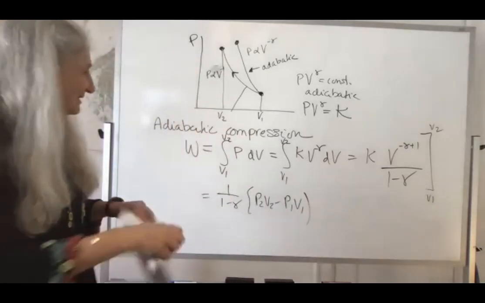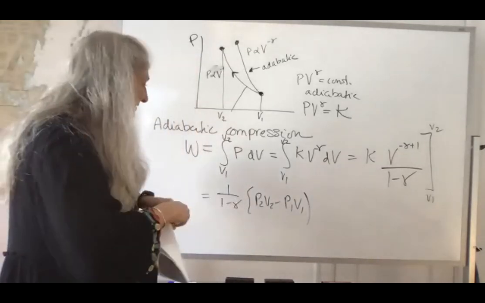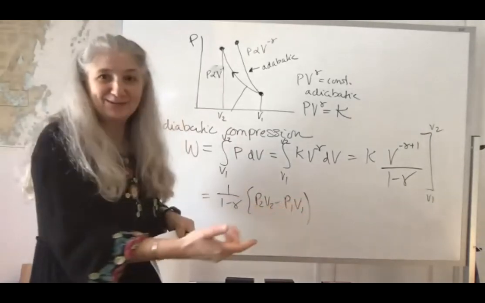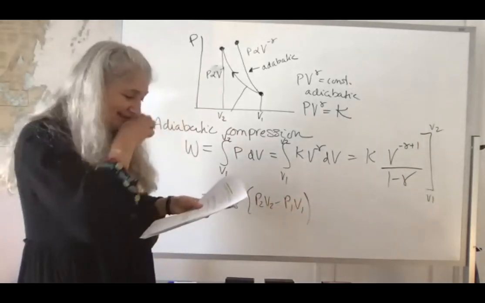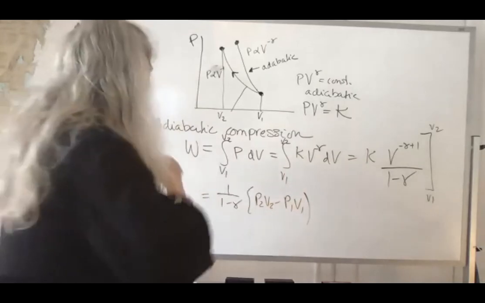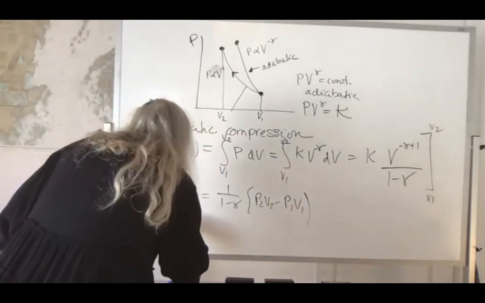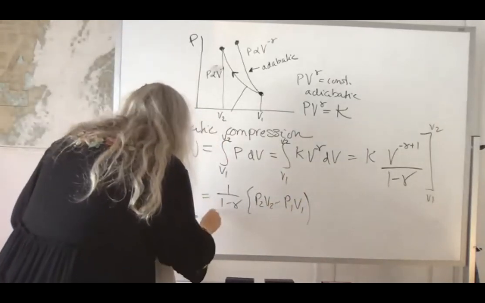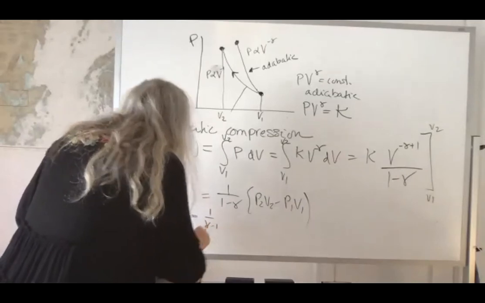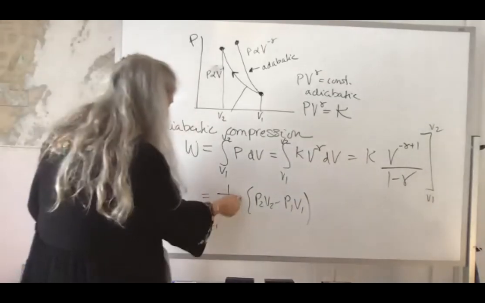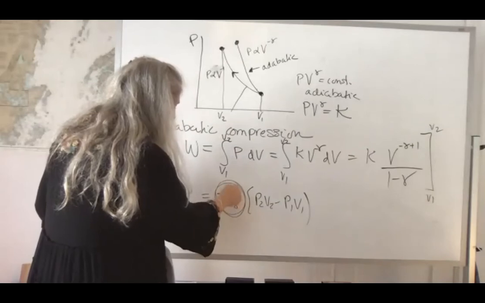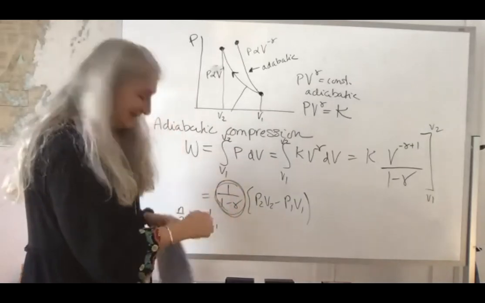In fact, you have to turn gamma into n, where n is the degrees of freedom. So n over 2 is equal to 1 over gamma minus 1, and that's where you can see this is giving you the change in energy.